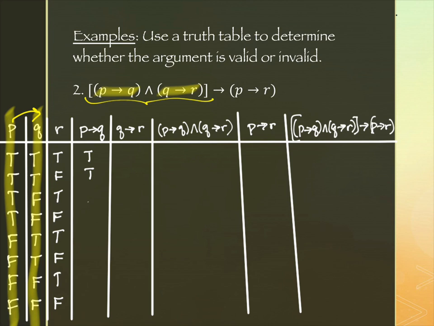That's the false one. True implies false is always false. The last 4 rows all start out false, so they're all true. So an implication starting out false automatically makes it a true rule. So 1, 2, 3, and 4 trues at the end.